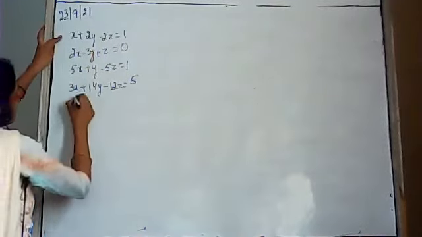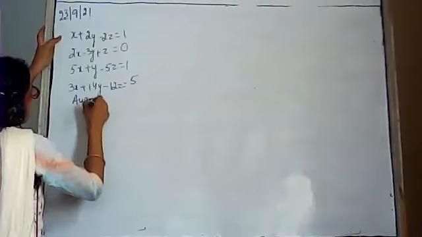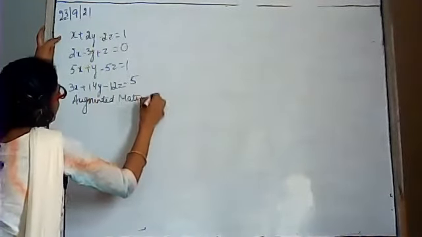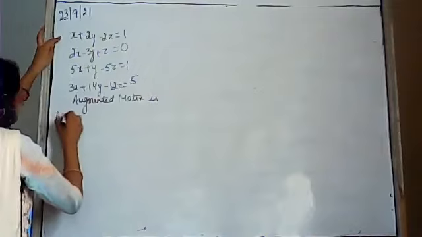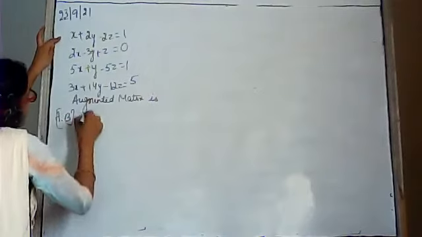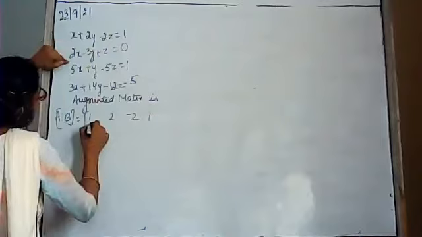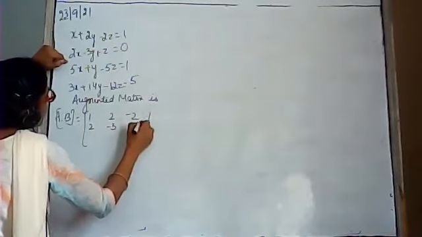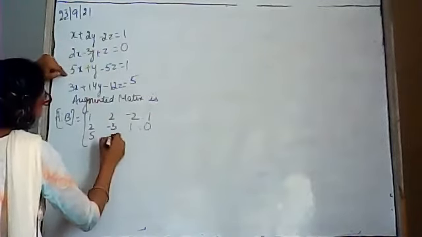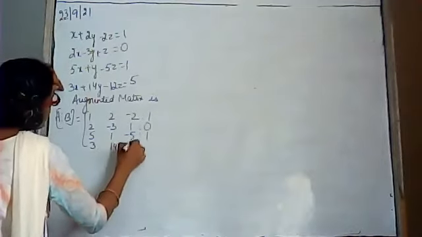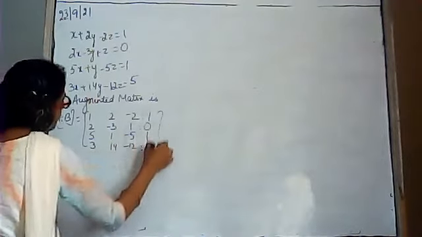Now see, again, the augmented matrix A dots B equals 1, 2, minus 2, 1; 2, minus 3, 1, 0; 5, 1, minus 5, 1; 3, 14, minus 12, and 5.